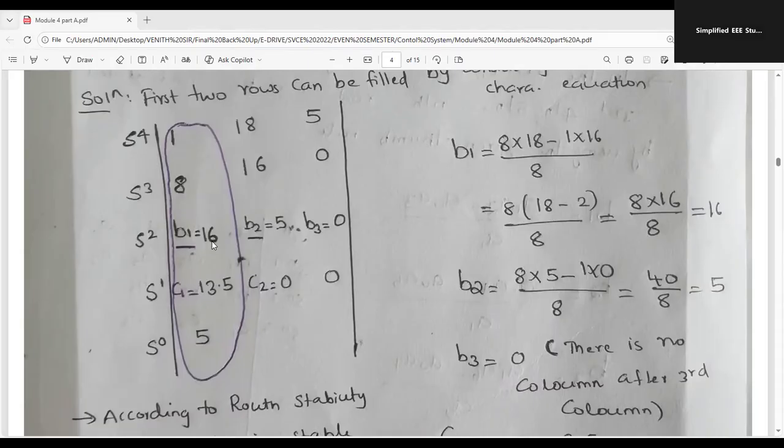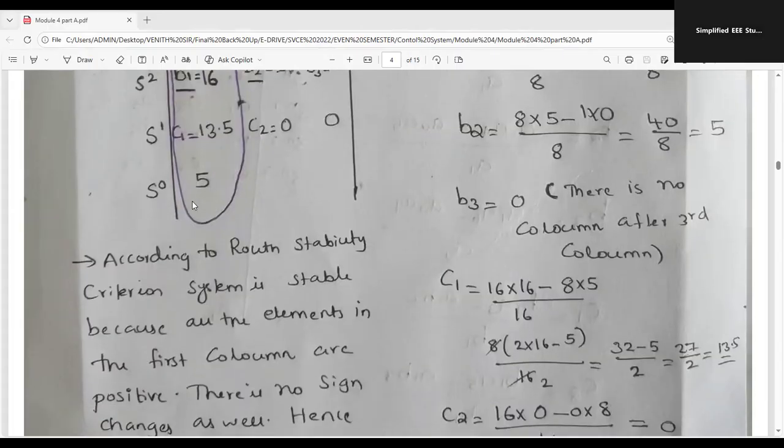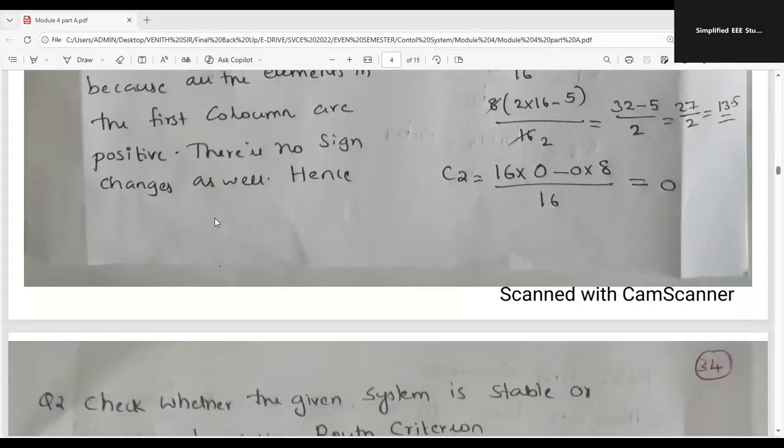If all the roots are in the left half of the S plane, of course the system is stable. So 1, 8, 16, 13.5, 5, all are positive. There is no sign change in this case. Therefore, I can explicitly say that the system is stable.